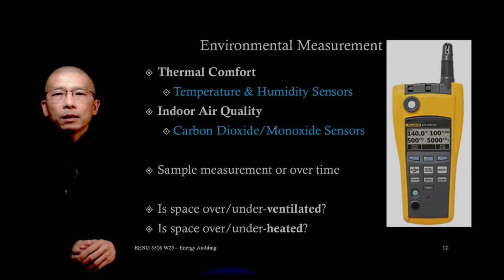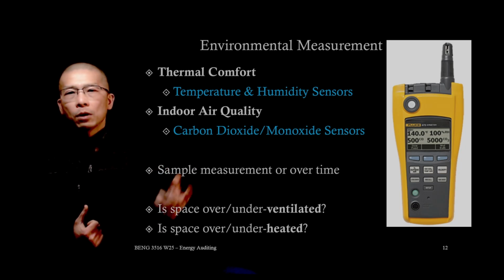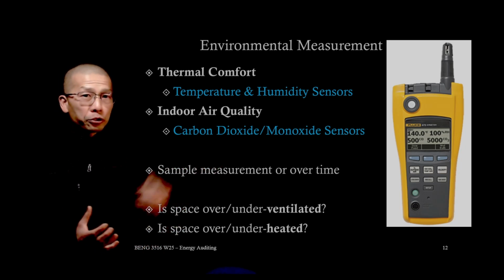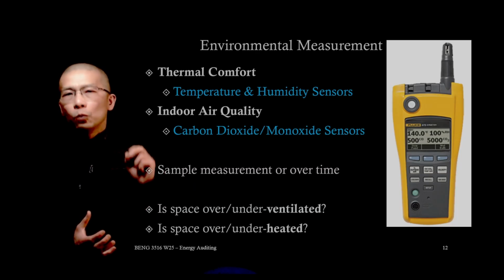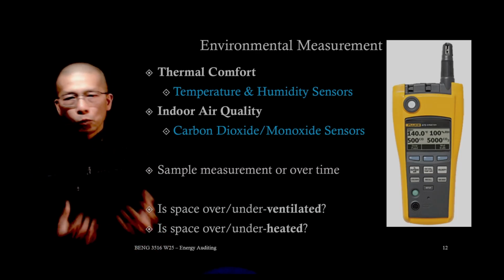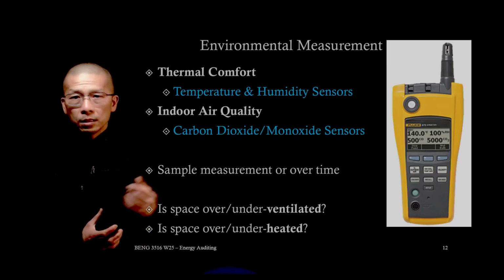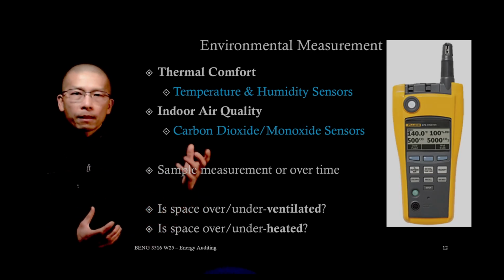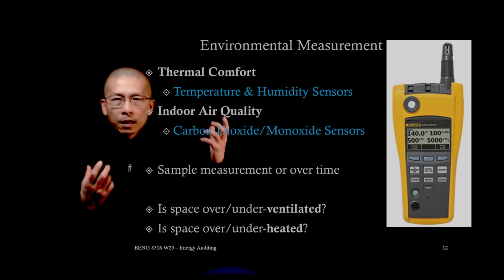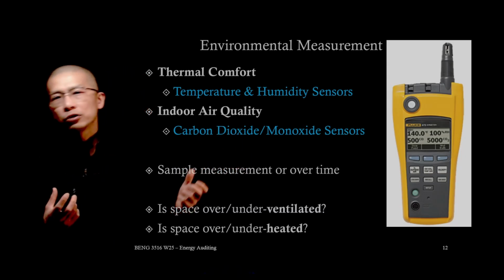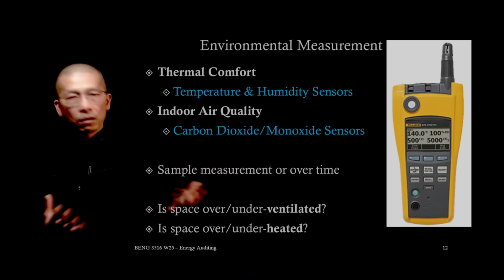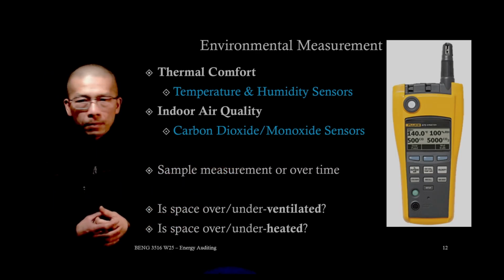Okay. Here shows a psychrometer. Remember the psychrometric chart, right? It measures relative humidity based on the relation between dry bulb and wet bulb temperature. The most modern handheld devices that feature psychrometer functions also include sensors for carbon monoxide and carbon dioxide.